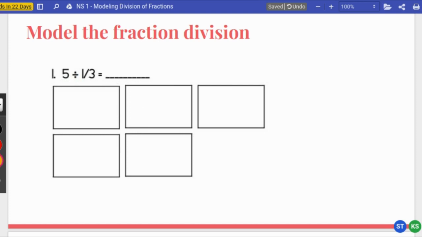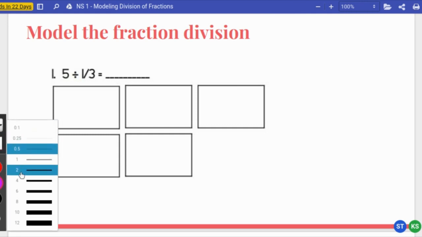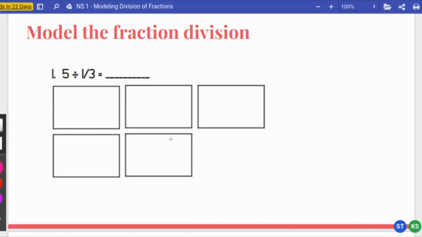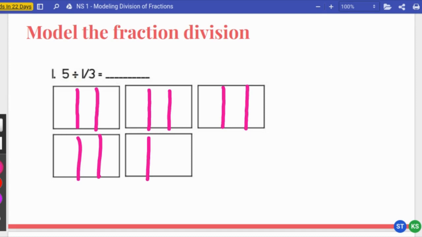So I'm going to take my drawing tool right here, and I'm going to make it a little bit thicker so that you can see it. And then I'm going to choose a color, and I'm going to divide each of my rectangles up into groups of 1/3. Just like that.